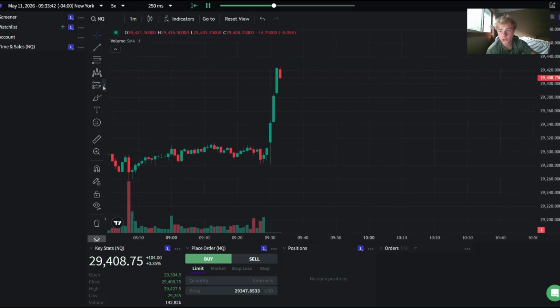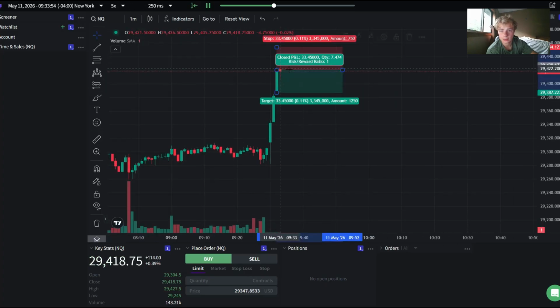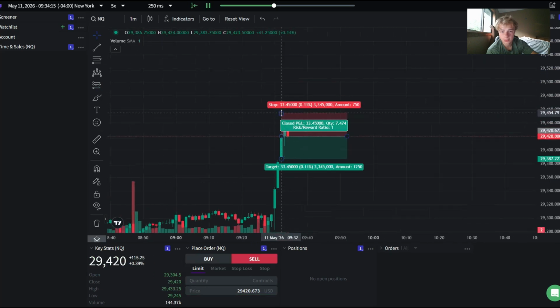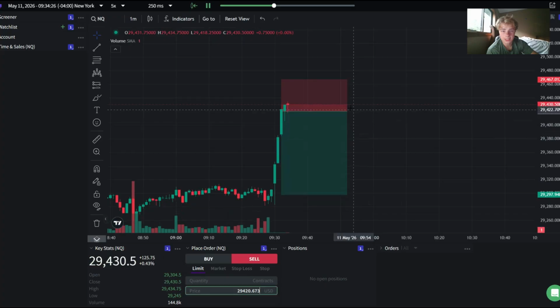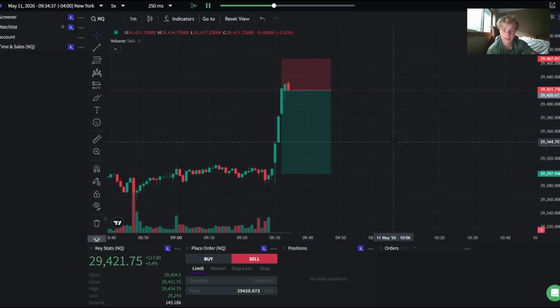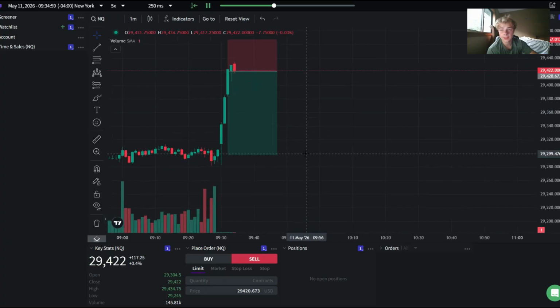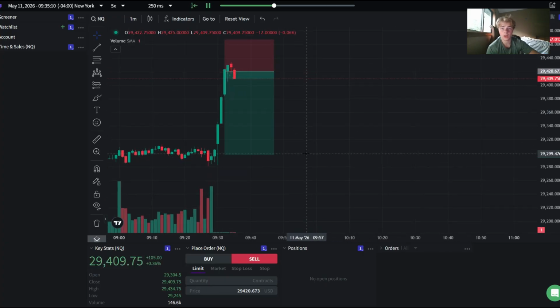I wanted to place a short right here. Could just do this, plop down my position box, place my stop loss up there and my take profit down here, and then let it run. And that's essentially all you need to do.